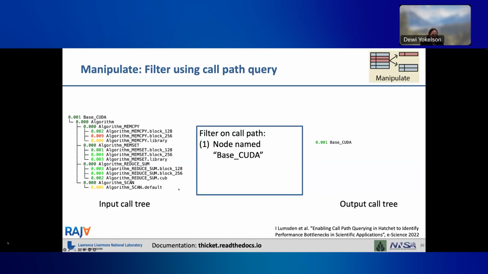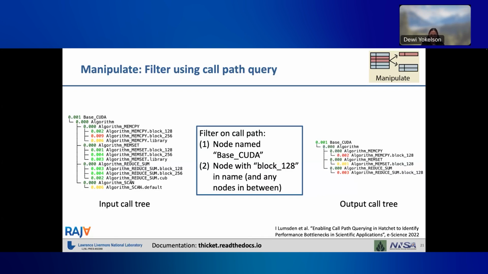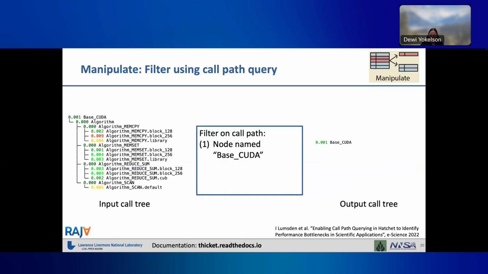But basically, if we have our initial input call tree that has, in this case, a lot of the different Raja Performance Suite kernels, and we only want to look at the ones that were run with the base CUDA variant, then we can filter on that. I'll show the steps. If we filtered just on base CUDA, this would be our output call tree.